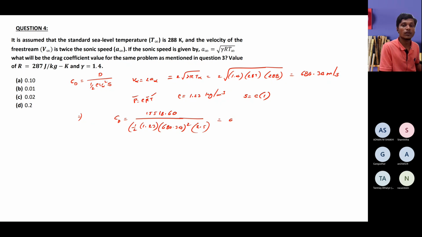If you simplify this, you will get CD equals 0.02. Note that CD, the drag coefficient, is non-dimensional. There are no dimensions for all these coefficient parameters. Okay, so any questions?